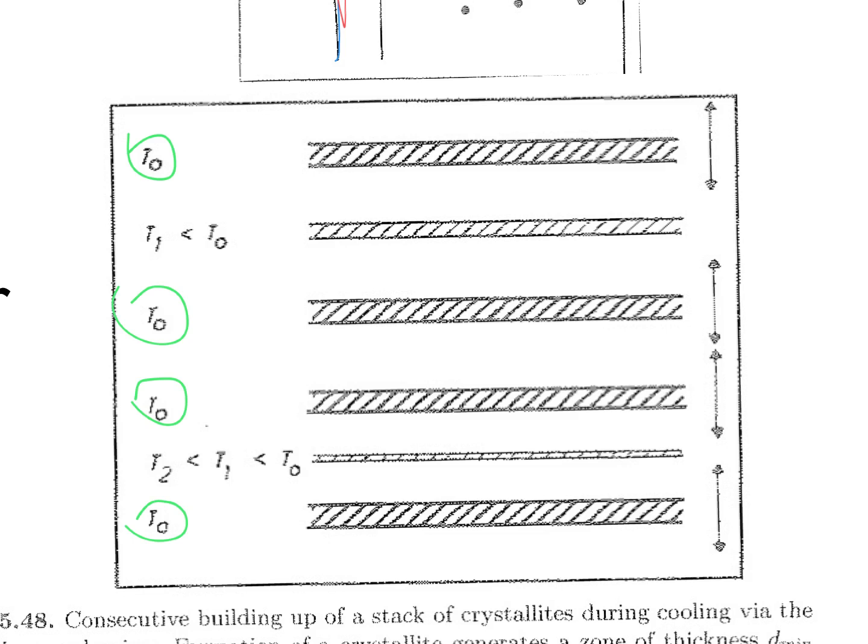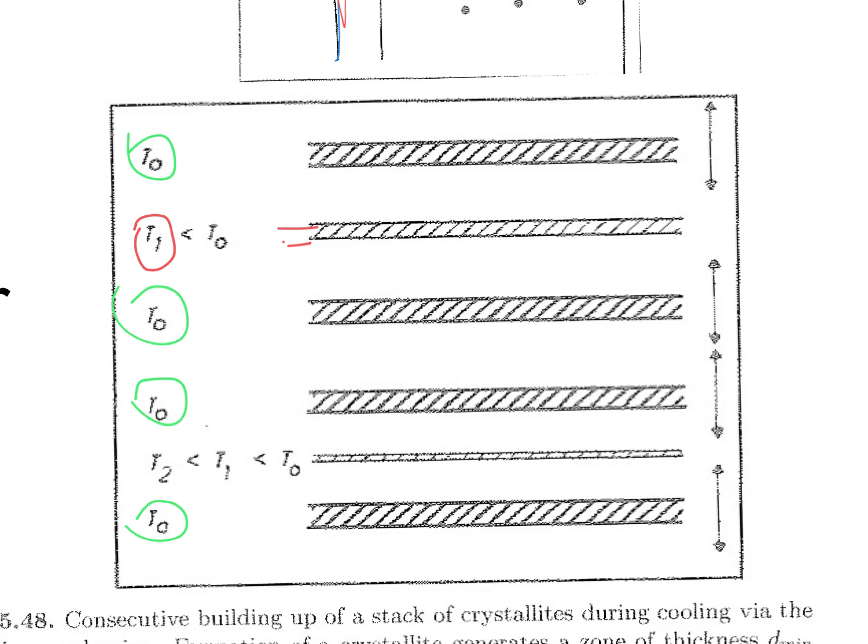And so we get crystals of a characteristic thickness formed at T0. We see, in this case, 4 of those forming, and then we go to a crystallization temperature T1, slightly less than T0, and we get a crystal thickness that's a little thinner than what we saw at T0.